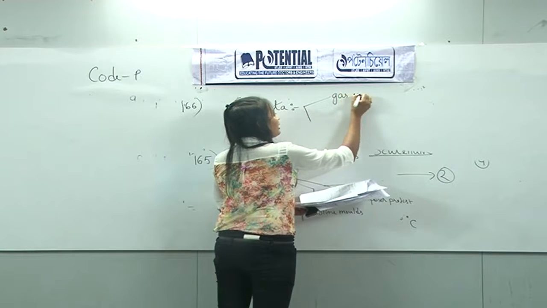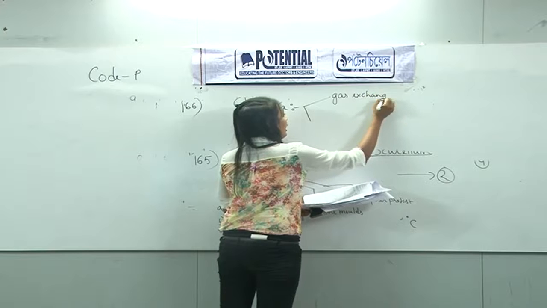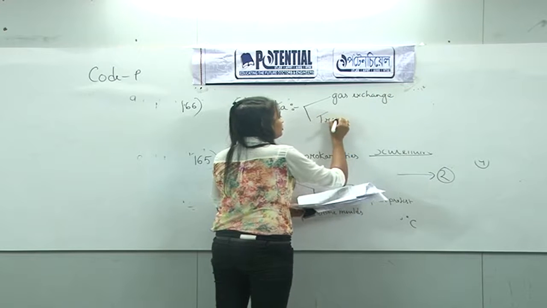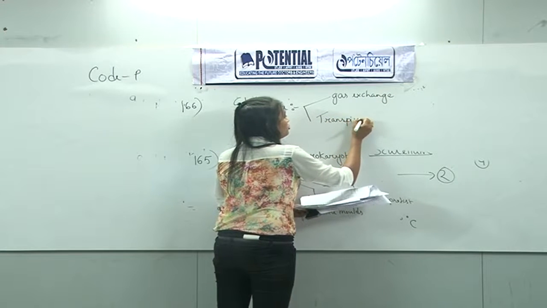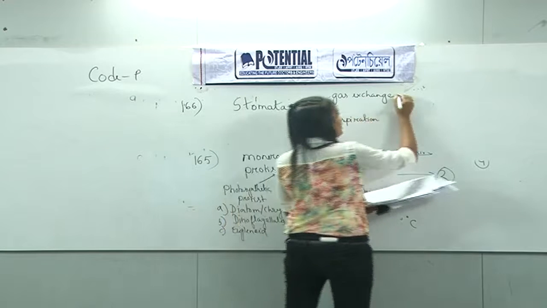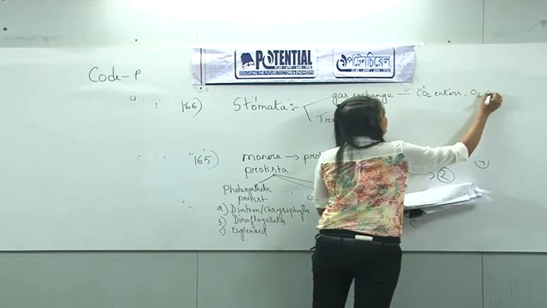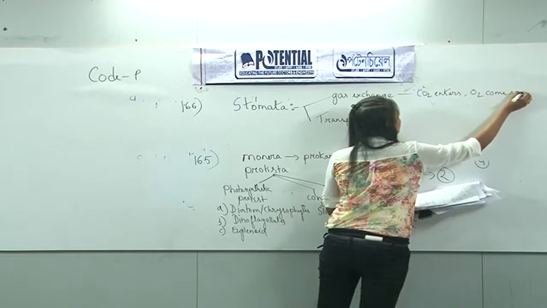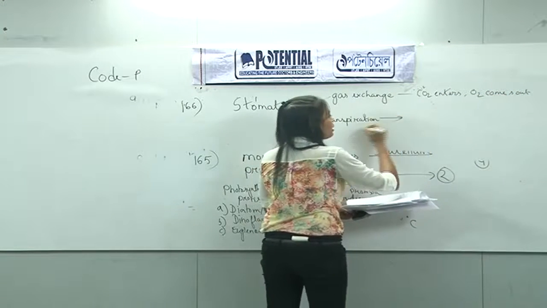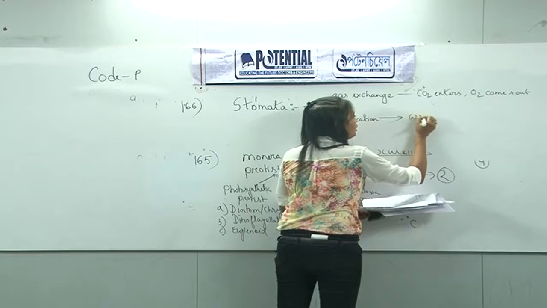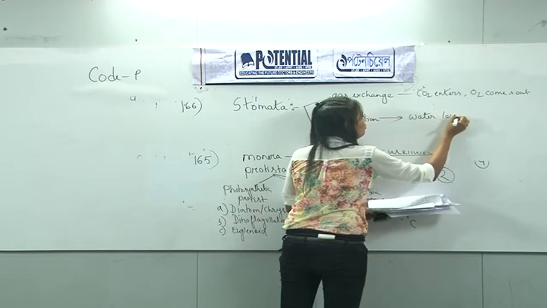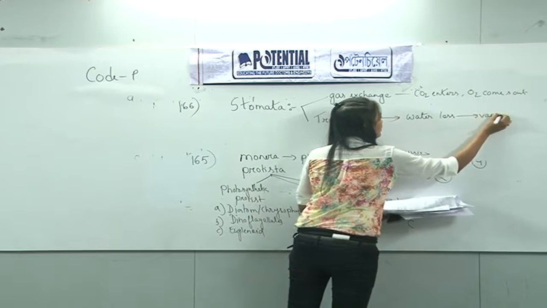First of all, gas exchange and transpiration. Through the stomata, carbon dioxide enters and oxygen comes out. And transpiration is a process by which water loss occurs in the form of vapor.